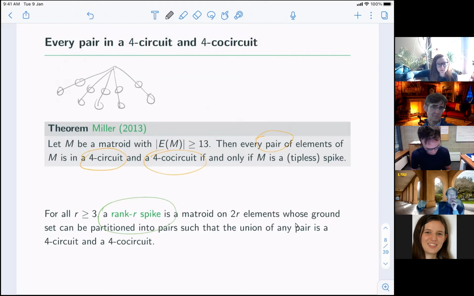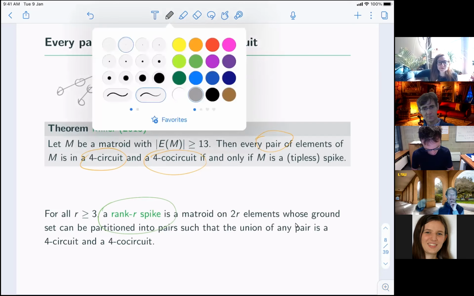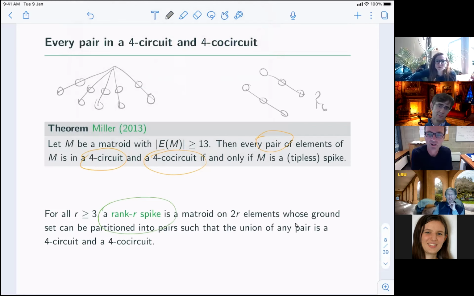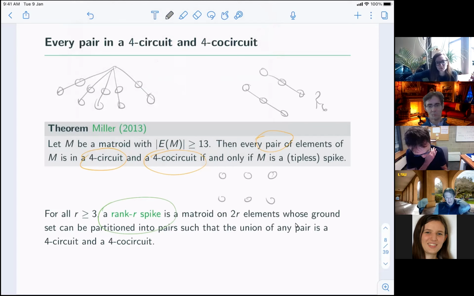You do get small examples. What if M is less than 13? You get examples like what's called R6, just two 3-point lines freely placed, every pair of elements in a circuit and a cocircuit, and you even get things like K3,3.